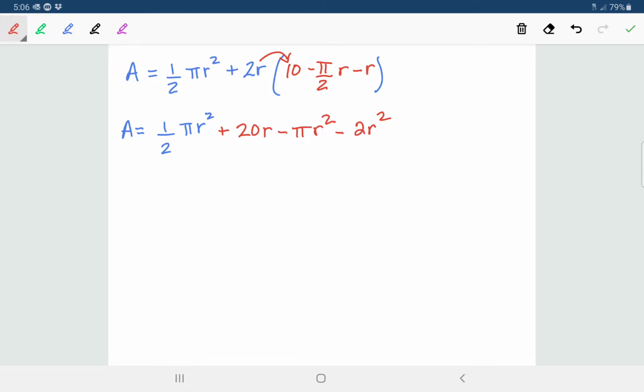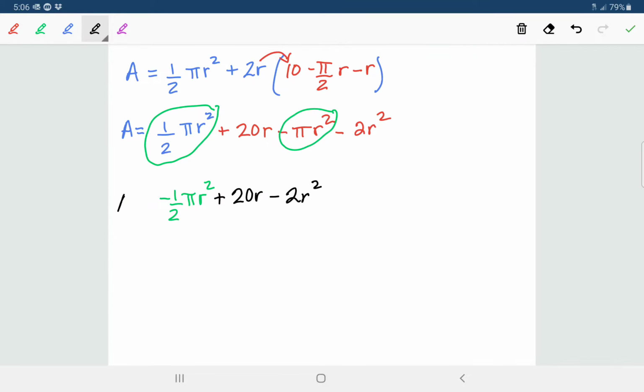Lastly, let's combine like terms: 1/2 pi r squared minus pi r squared gives negative 1/2 pi r squared, and we'll copy the rest, 20r minus 2r squared, and this is equal to the area.